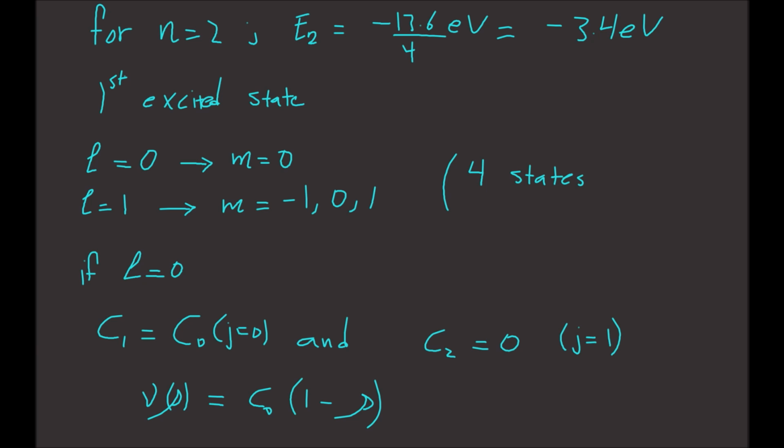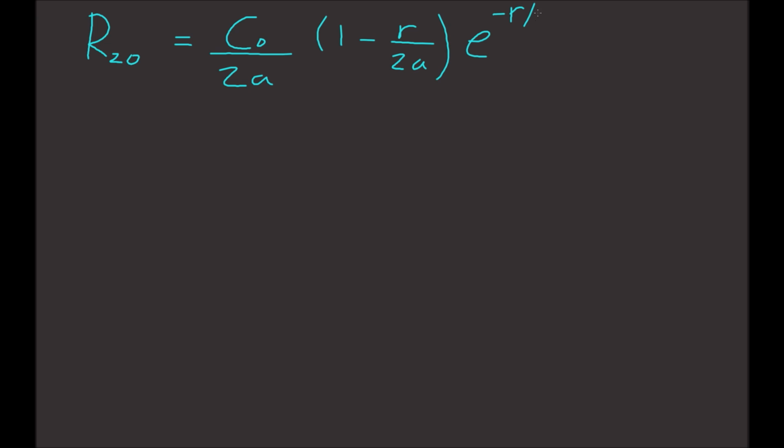Now the radial function for n equals 2, L equals 0 is equal to C naught divided by 2a times 1 minus r divided by 2a times e to the minus r divided by 2a, and we have R of 2 and 1.